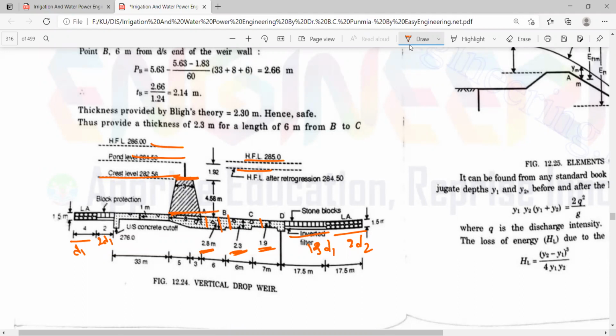After that, we calculated the length of protection work, the downstream side length and the upstream side length, the total length on the upstream side, the thickness at the upstream side, and the thickness at points A, B and C. They are calculated. I hope you understood this problem.